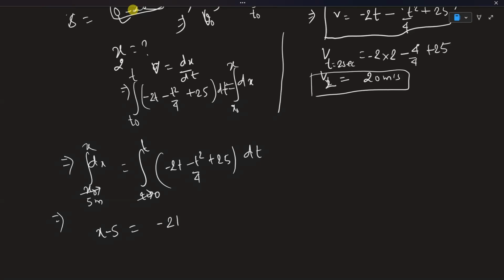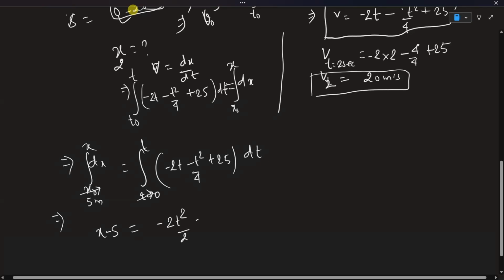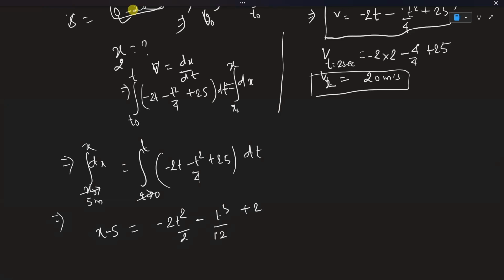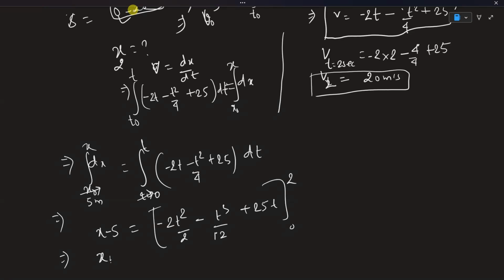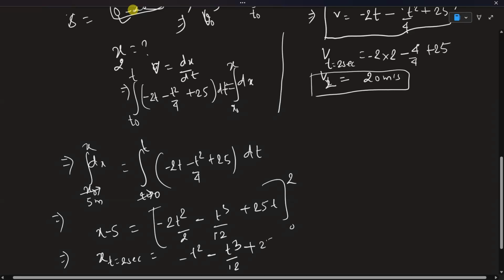So I will write this in terms of the equation. That will be minus 2t square by 2 minus t cube by 12 plus 25t, from 0 to t equals 2 seconds. So x at t equals 2 seconds, the result will be minus t square minus t cube divided by 12 plus 25t, from 0 to t, plus 5.